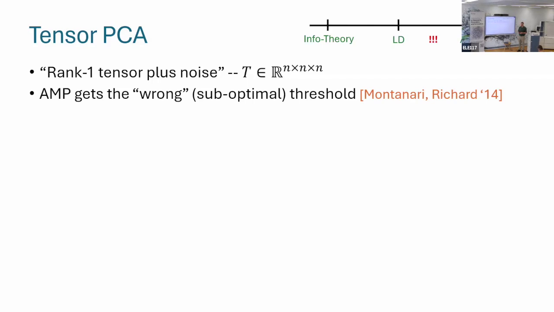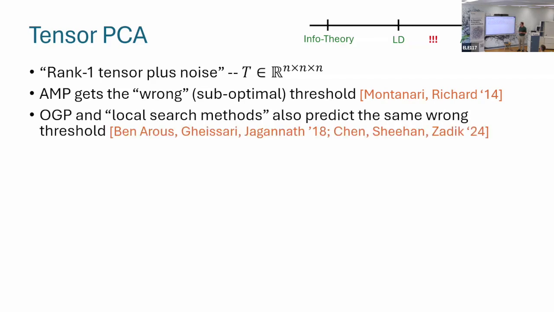What's surprising about this problem is that we've realized that AMP, and those of you familiar with AMP probably know that it tends to be very reliable about predicting exactly when things are hard and easy, but for this particular problem it gets the wrong threshold. It's strictly worse than the best known fast algorithms, which is kind of concerning.